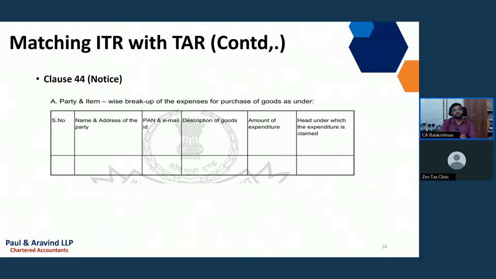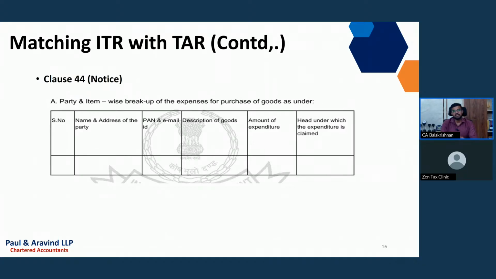This is one of the clauses that specifically covers item-wise expenditure for clause 44. We need to give the name and address of each party, whether the party is registered or unregistered, and the PAN and email ID. We need to report the description of goods, what goods we have purchased, the amount of expenditure, total expenditure, and the head in which expenditure is claimed, whether it is purchase, direct expenses or indirect expenses.